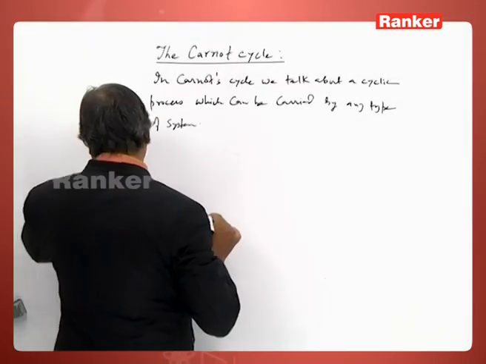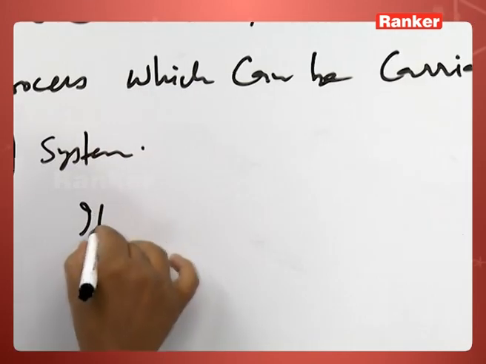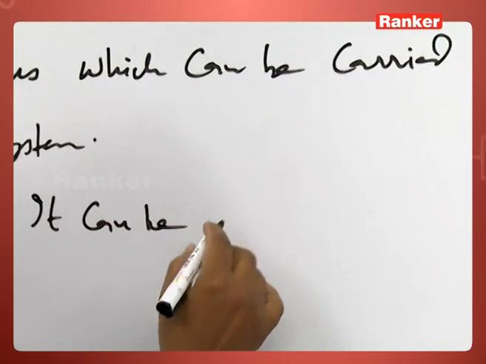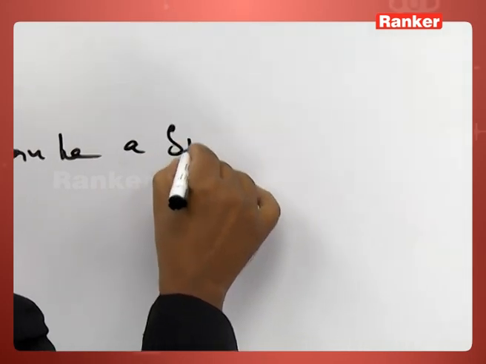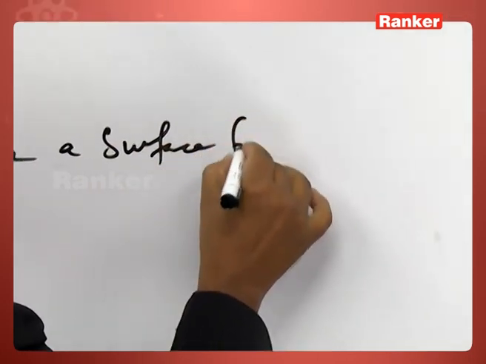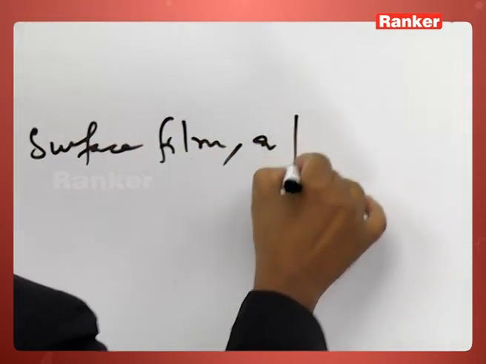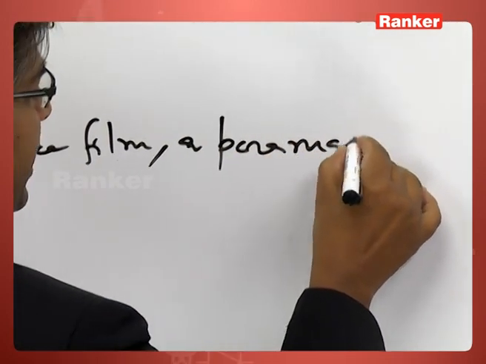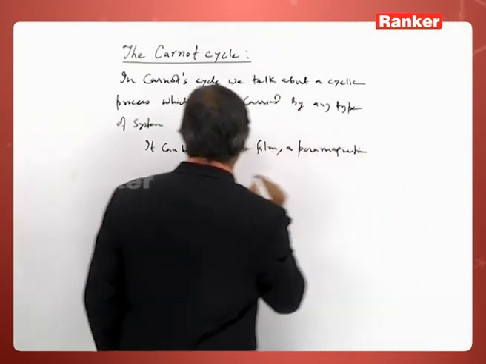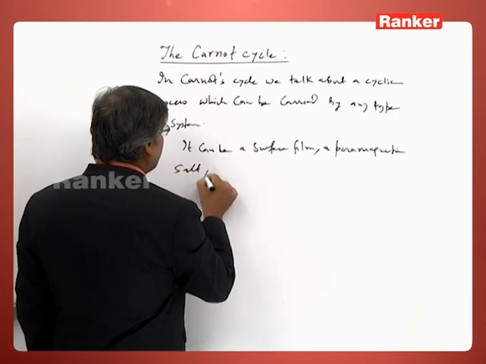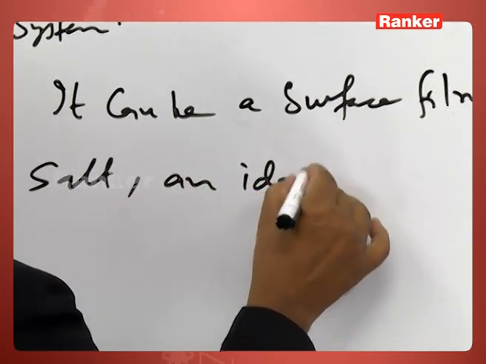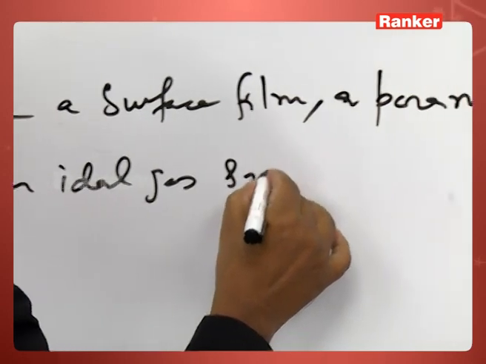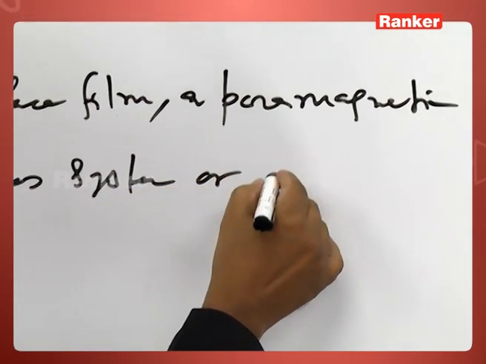It can be any type of system. It can be a surface film, a paramagnetic salt, an ideal gas system, or anything.